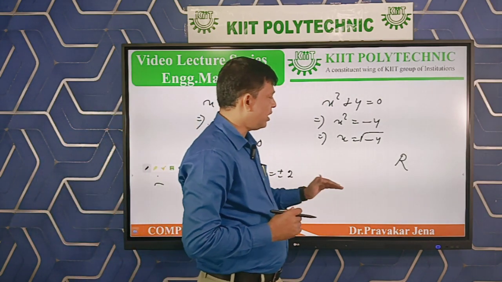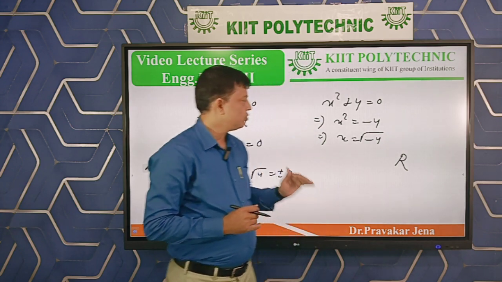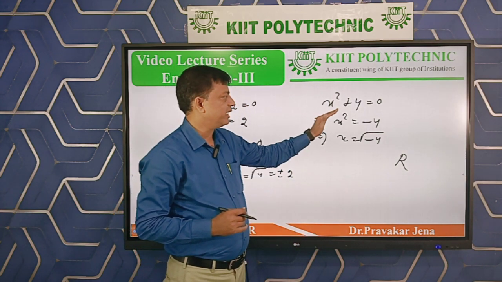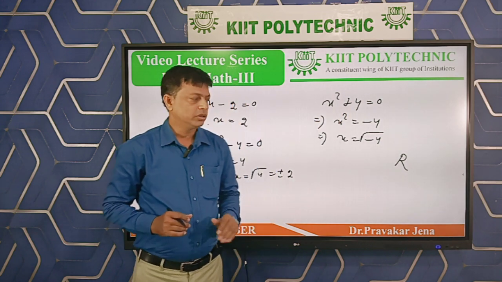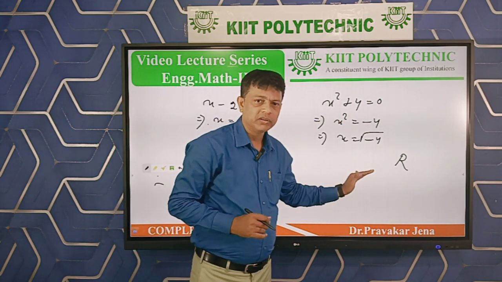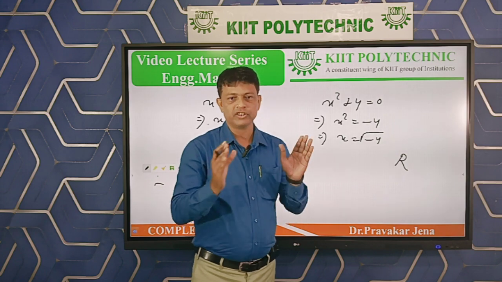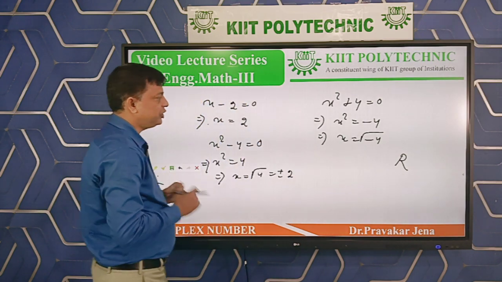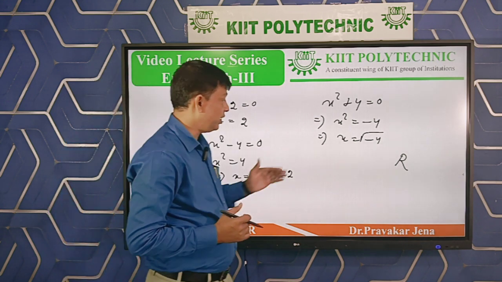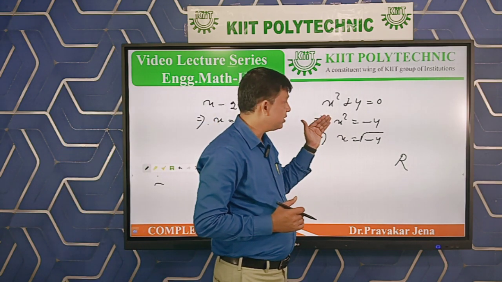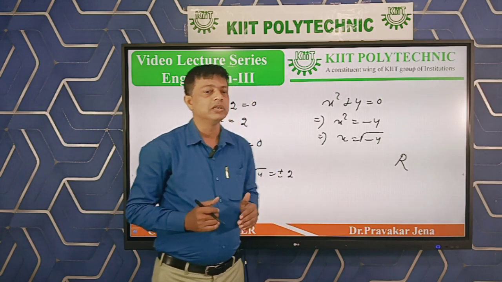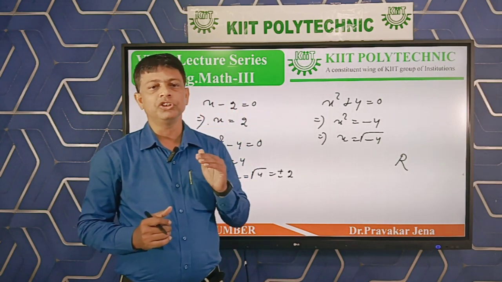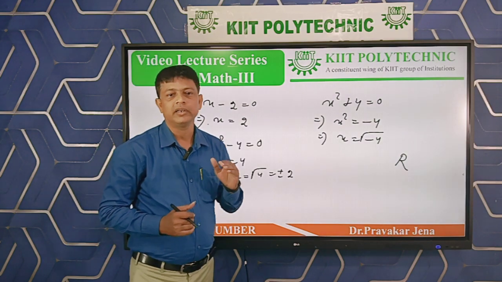But the real numbers are not sufficient to solve quadratic equations like x square plus 4 equals 0. The real number system fails here in finding the roots or solution of an equation like x square plus 4 equals 0. For solving this type of equation, we introduce a new number, known as the imaginary number.